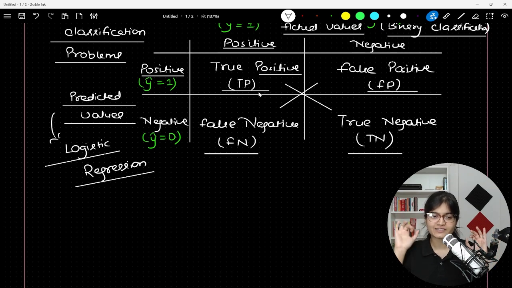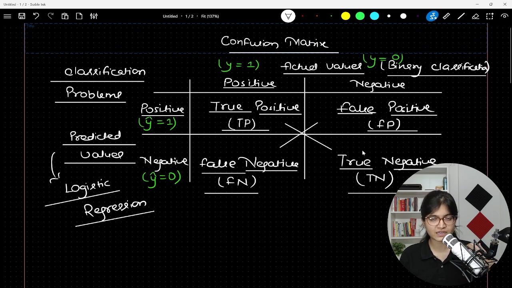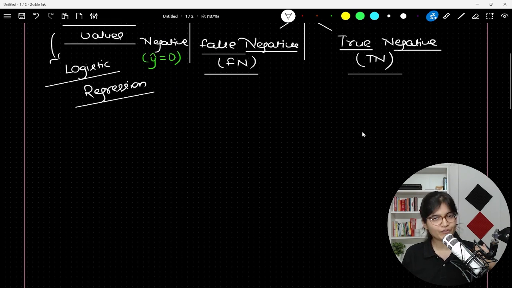Always when you are filling this table, check what the prediction is, whether it is positive or negative. After writing that, check whether it is true or false. If it is true, it becomes true positive. If it is false, it becomes false positive, and so on. Now, with the help of this confusion matrix, we will be able to evaluate different model evaluation metrics.